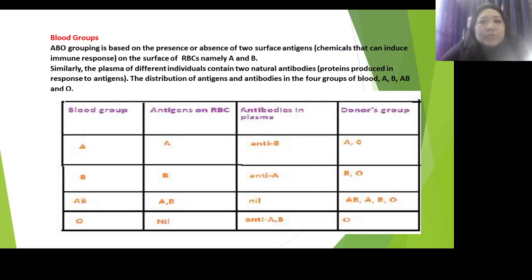The distribution of antigens and antibodies in the four groups of blood A, B, AB, and O are as given below.